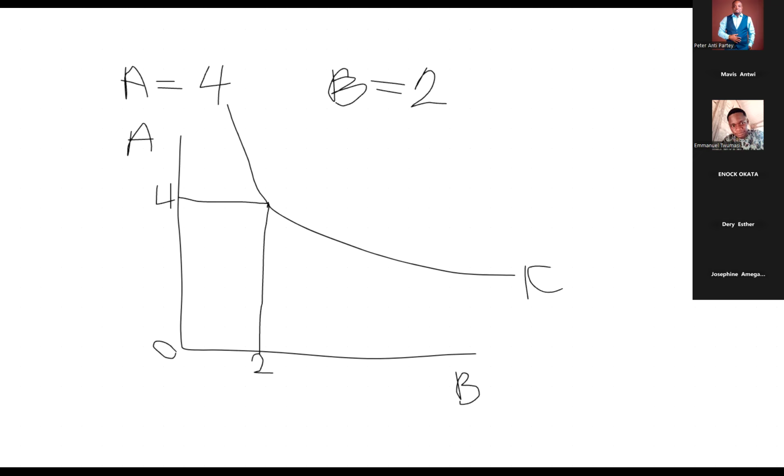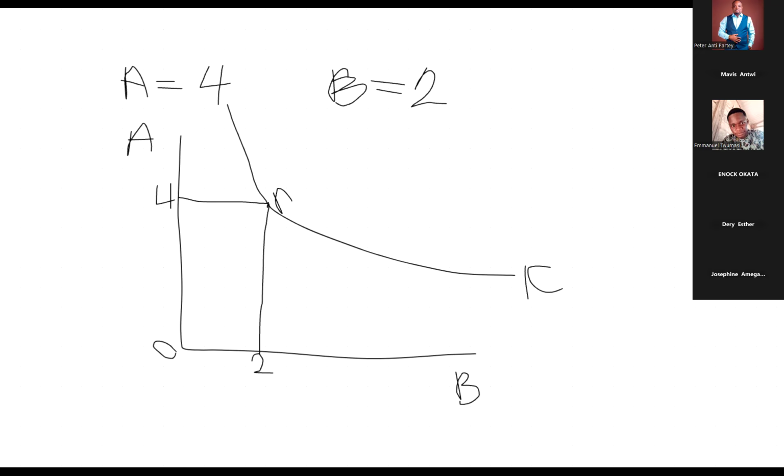We are saying that if there's any point on this curve, then that point is a point of satisfaction. And the individual whose indifference curve we are showing is enjoying the same level of satisfaction on points on this curve. So we can say that this is point A.